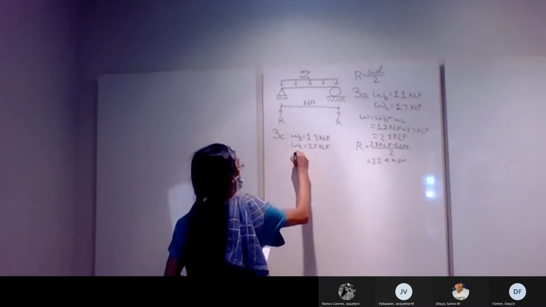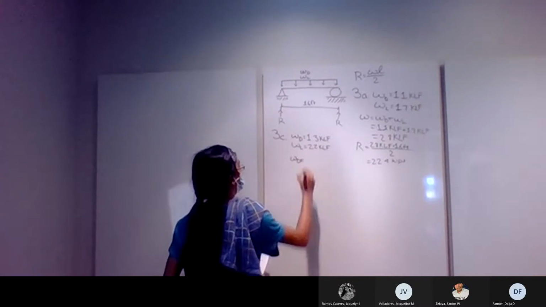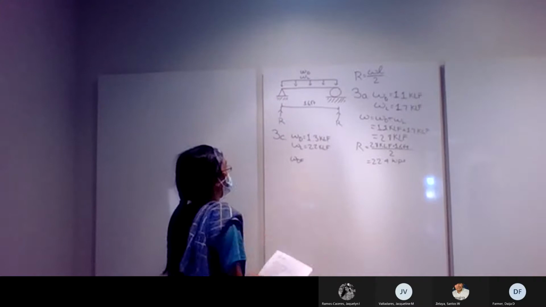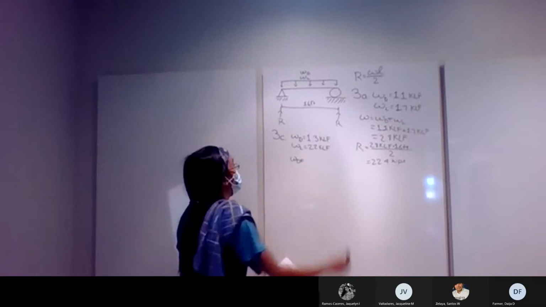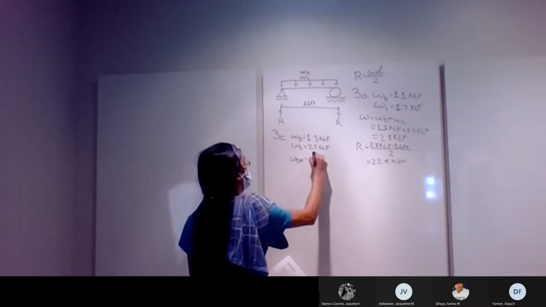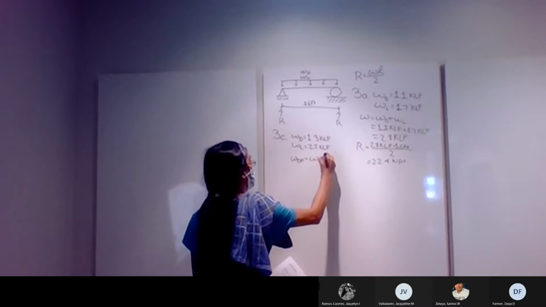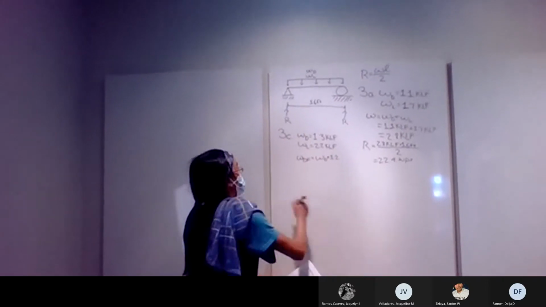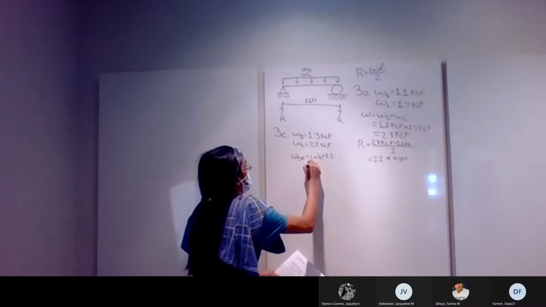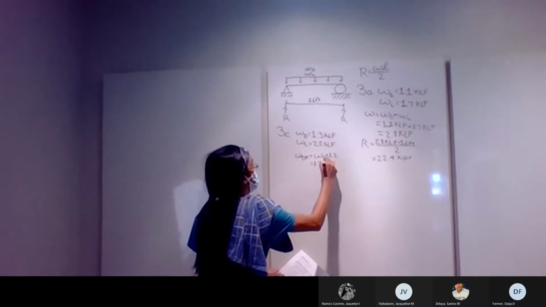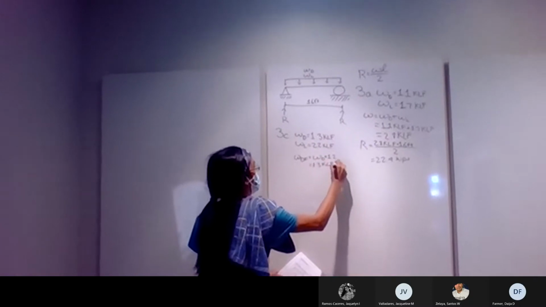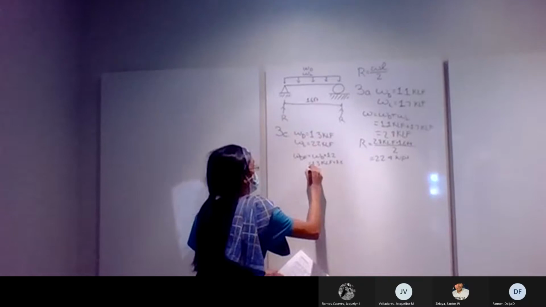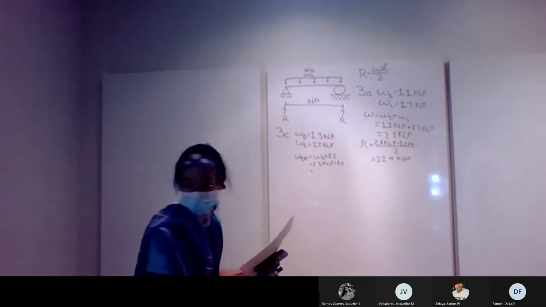I'm just going to denote this as WD factored or omega D factored. So the dead load factor is just the dead load times 1.2. So we're just going to plug that in. 1.3 KLF times 1.2.